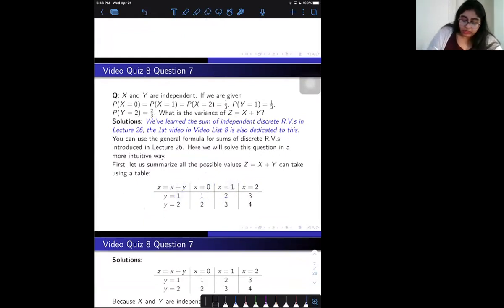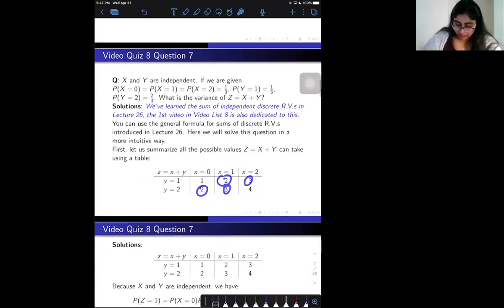These values in this table are the values that z can take. So z can only take 1, 2, 3, or 4, right? 3 is occurring twice as well.